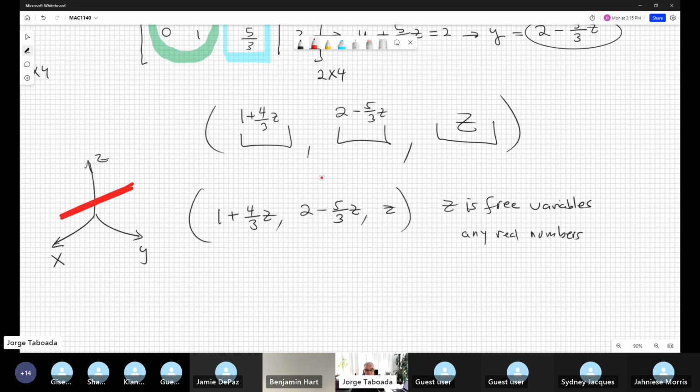How do you know it's a line? Because we have only one free variable. Therefore the solution set is a one-dimensional object living in the three-dimensional context. Make sense? Wow. Do you see the beauty?